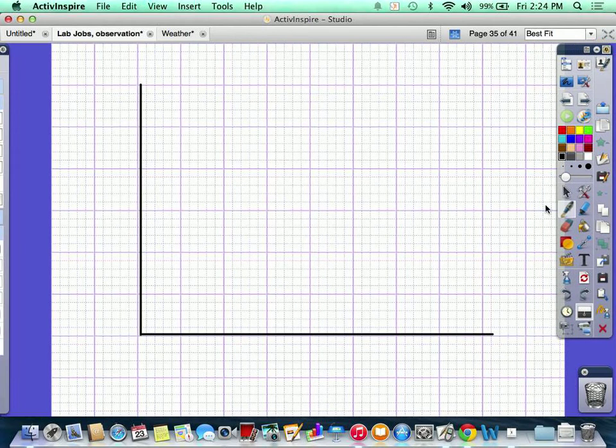So, where's 0 going to be? At the corner. This is the origin, right? Okay, so this is going to be our 0. And we know we need to at least make it up to 300. It can be a little bit over. So what we've got to decide is what each one of our little lines on our graph is going to represent. Does anybody want to volunteer something of what you think would be good? What do you think, Hudson?